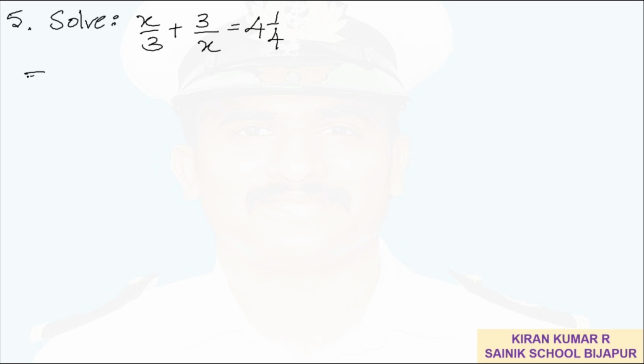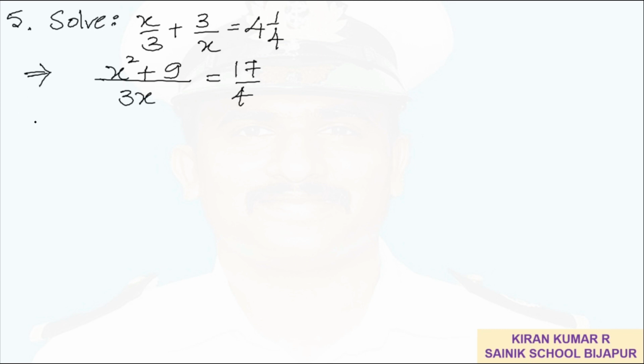How do we solve this? We shall take the LCM. The LCM will be 3x. We'll be getting x square plus 9 equal to, let's make this mixed fraction into an improper fraction, we'll be getting 17 upon 4.